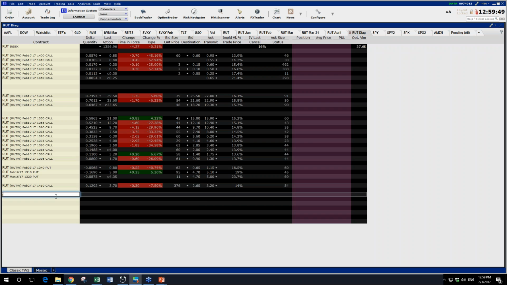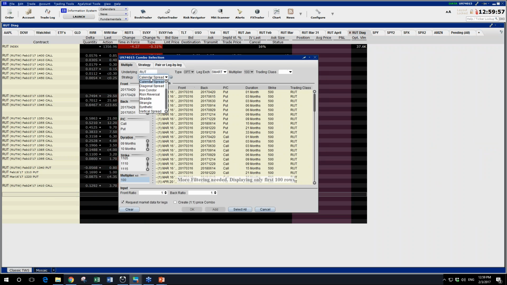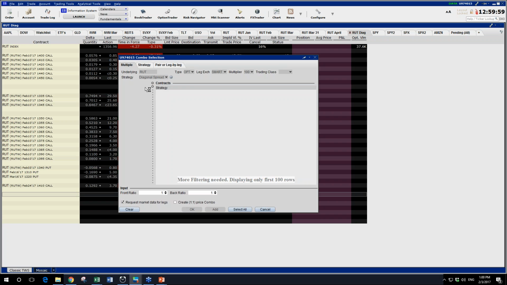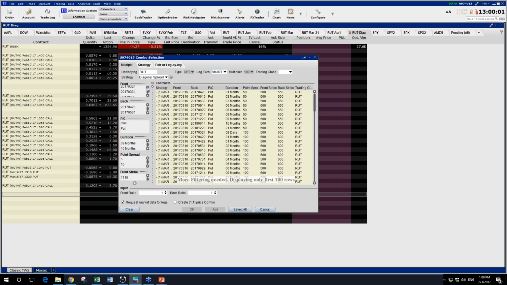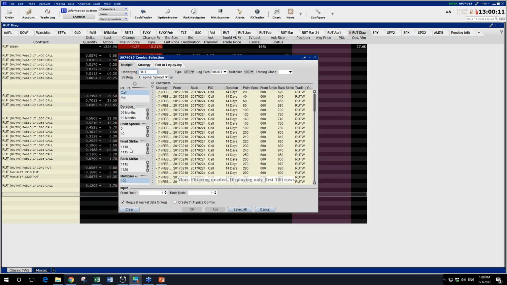And to set up the order, you just do a combination, option combo. Front week's going to be Feb 10. Back's going to be Feb 24th. Doing a call. Front strike 1390.